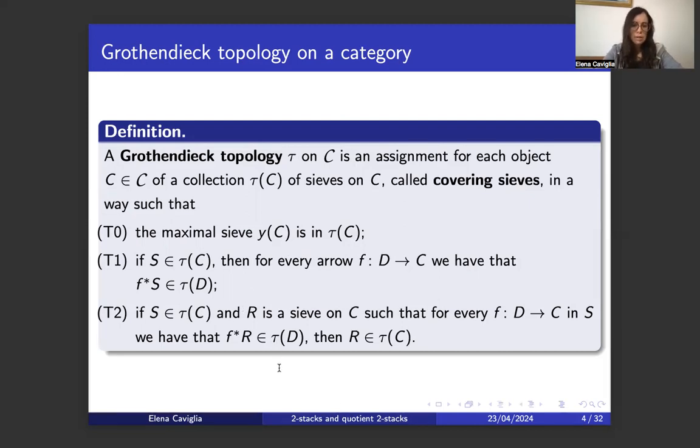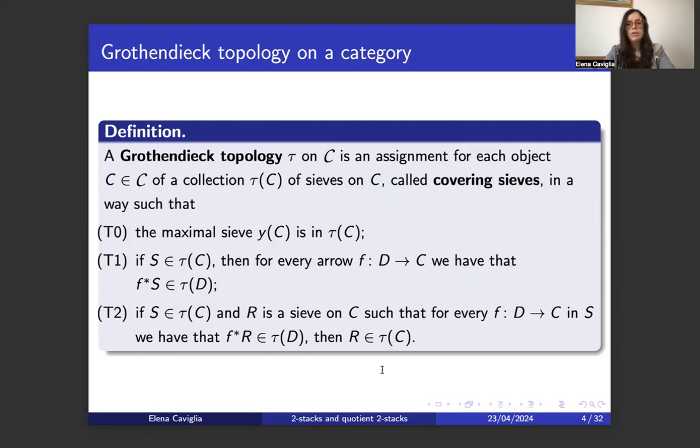And the third axiom is saying that being a covering sieve is a condition that can be checked locally. And this locally is with respect to morphisms in a covering sieve. So this is what this condition is saying. And there is another way to present a Grothendieck topology that uses covering families instead of sieves.